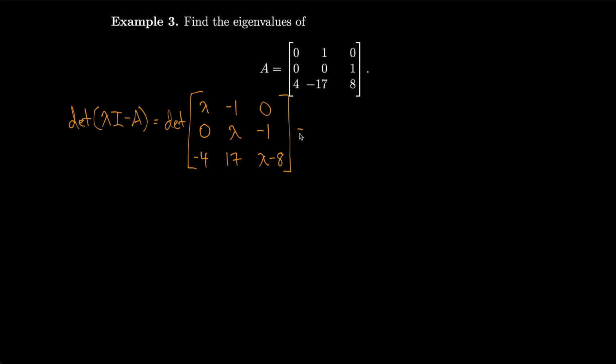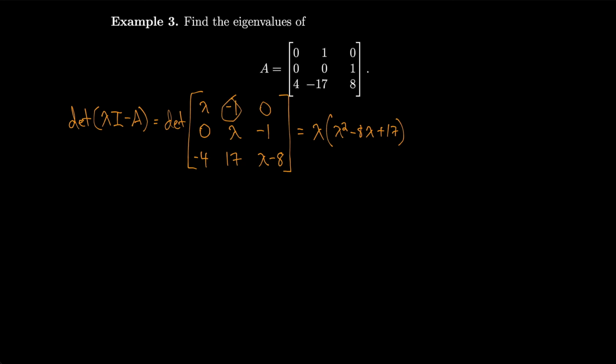Okay, so now I need to actually take this determinant. How about I expand along the first row? I'll just do the cofactors. So I'll take lambda times this determinant. That's lambda times lambda minus 8, which is lambda squared minus 8 lambda, and then minus 17 is plus 17.